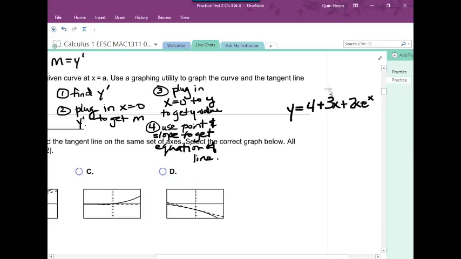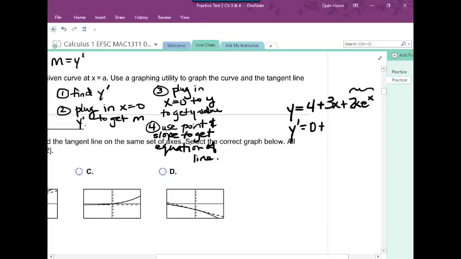See how everything is being added together except this last term, which is something with an x times something with an x. Anything that's being added together, we can take the derivative of separately. So y prime equals the derivative of 4, any constant, which is just 0, plus the derivative of 3x.